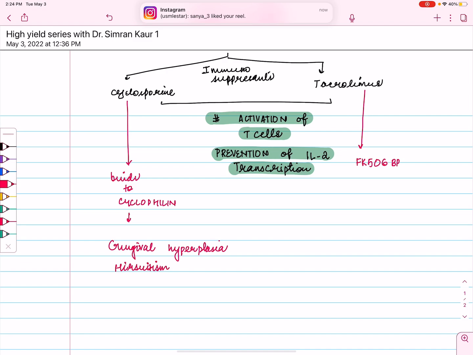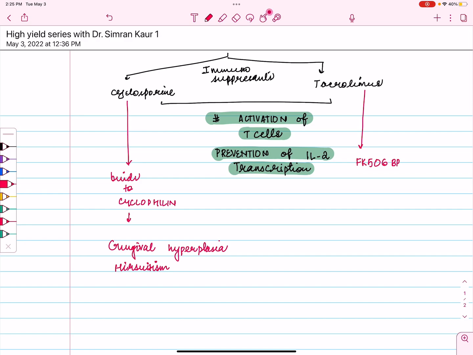If you remember, we read about gingival hyperplasia most commonly with phenytoin, right? So cyclosporine is another drug that could lead to gingival hyperplasia. On top of that, it also leads to hirsutism, that means male pattern distribution of hair in a female. Hirsutism is a very common feature in a pathology known as PCOD, polycystic ovarian disease, if you remember that.